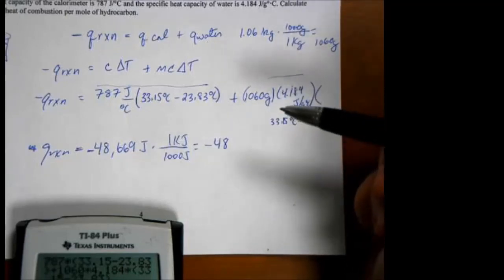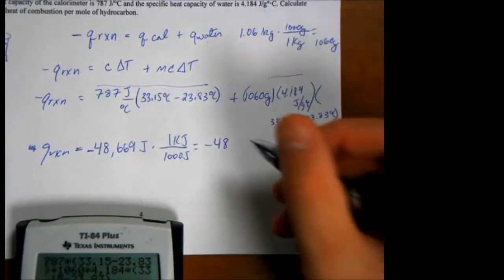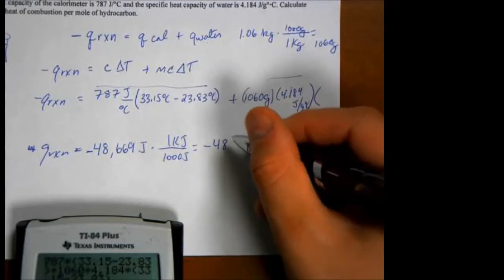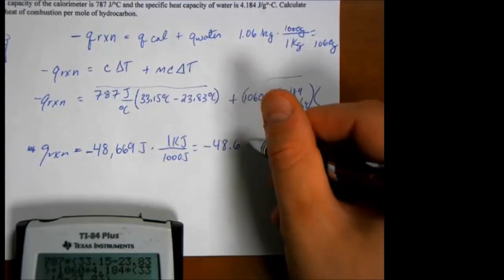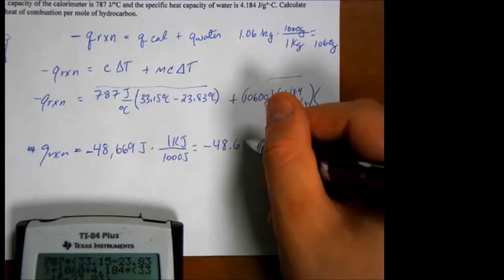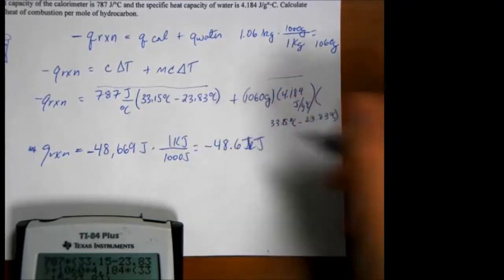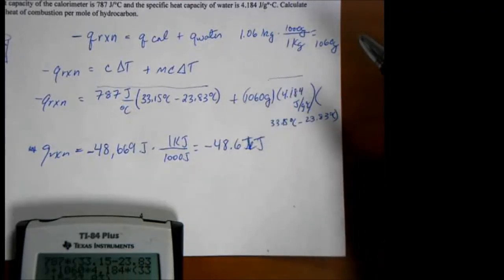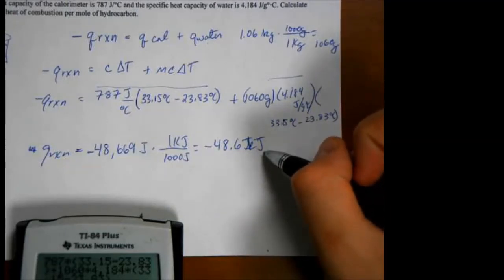And we're going to be looking at the number of sig figs. In this case, if you do it out, I think you're going to get 3 sig figs, but that's something you have to double check. So you get minus 48.6 kilojoules, but this is not the final answer, okay?